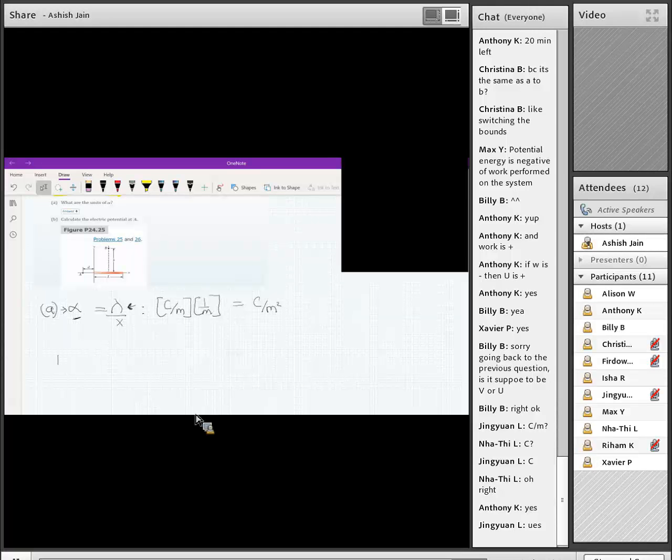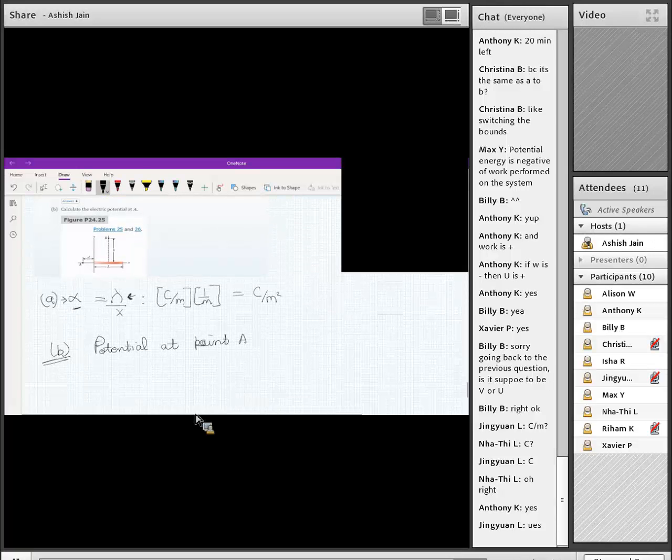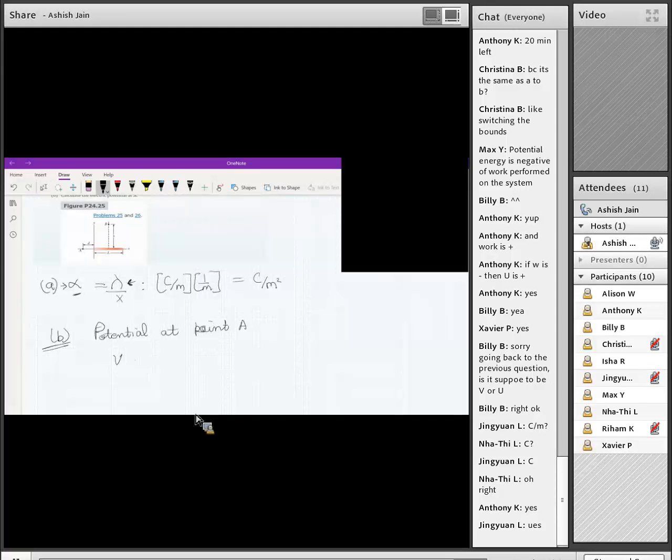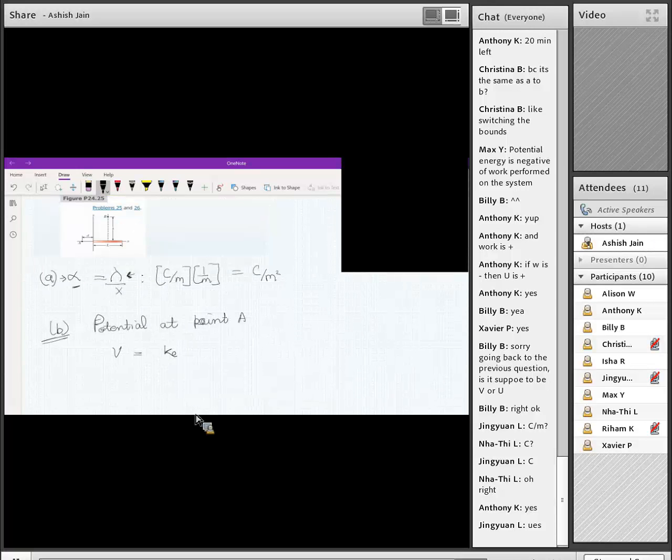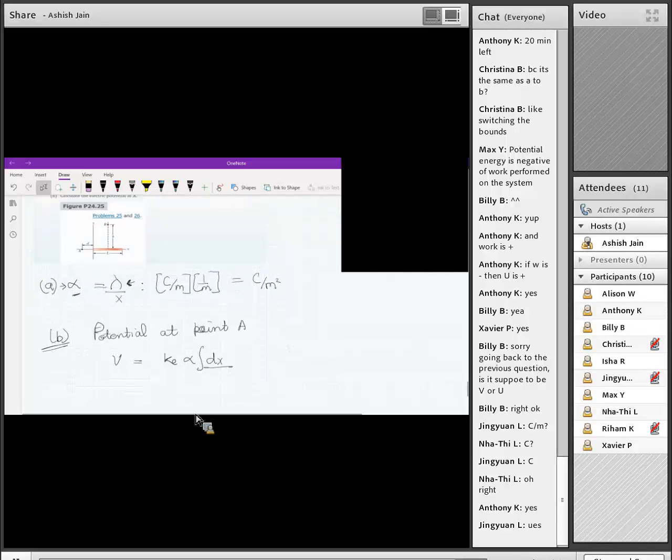Moving on to the real part of this question. Potential at point A. So we apply the simple formula of continuous charge distribution. Then V can be written as Ke alpha x dx by d plus x.